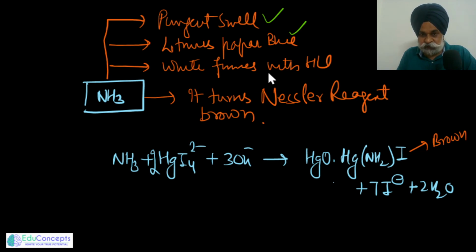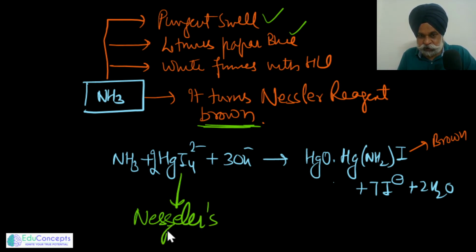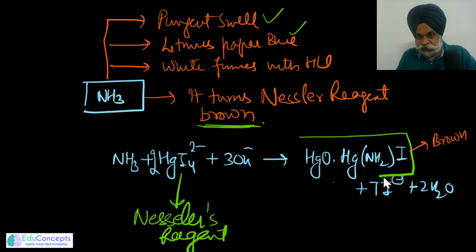With HCl it gives white fumes, otherwise it turns Nessler reagent brown. That is very, very important to remember. This is the anion of Nessler reagent. This is Nessler's reagent. On turning brown, this compound can be asked. So you have to remember this, there is no other way around.